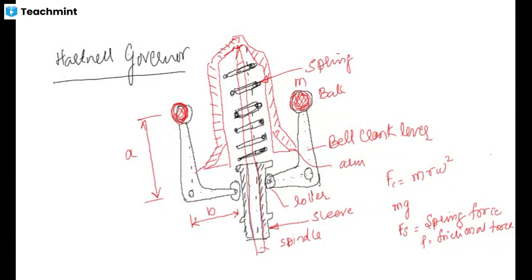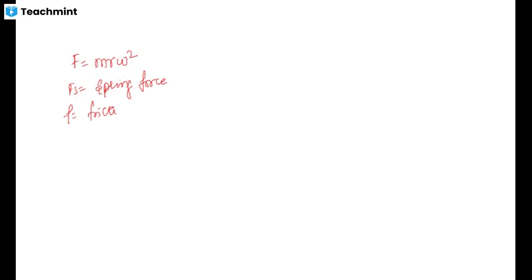So now let us note down: F is centrifugal force, calculated as m r omega square. Fs is spring force. Small f is frictional force.